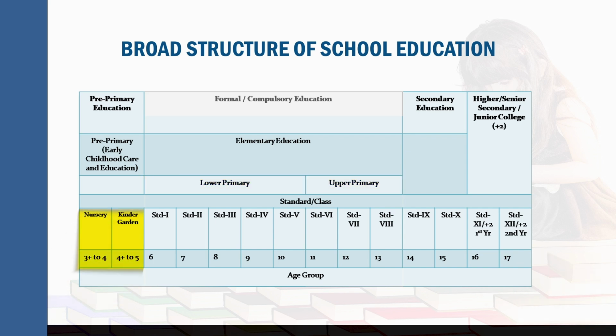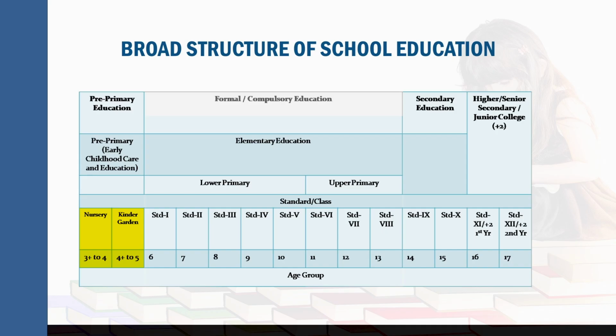So friends, if I start our discussion from early childhood care and education, the 2 years of classes are called nursery, then kindergarten. These 2 years of schooling are included in the pre-primary stage of education before starting elementary education.